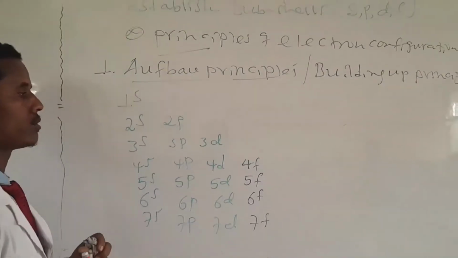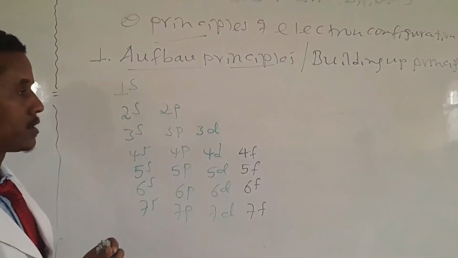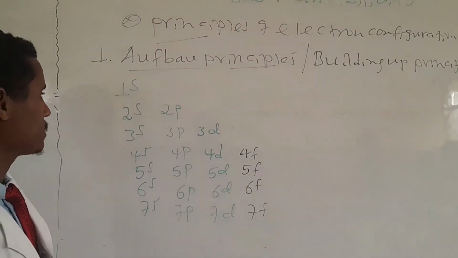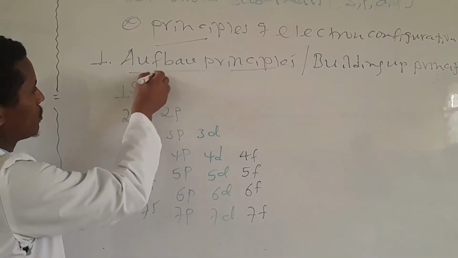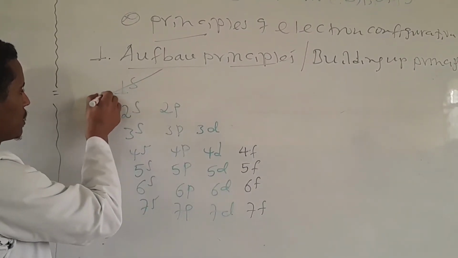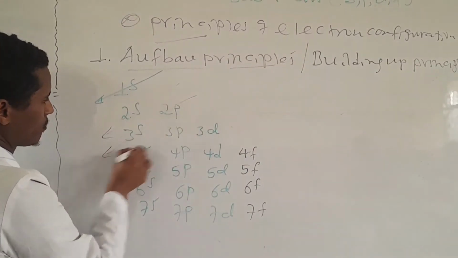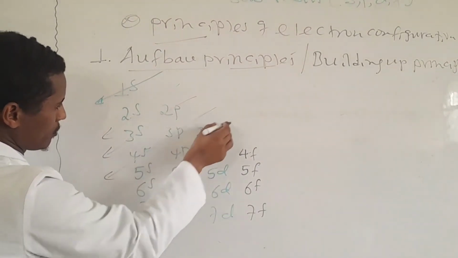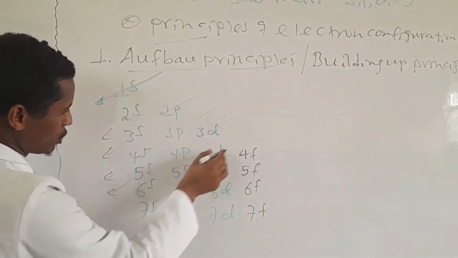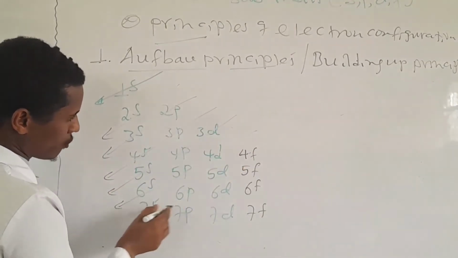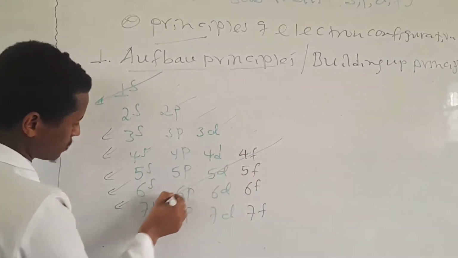So in order to get the arrangement of this filling of orbitals, you can show it by using arrows. You can draw like this in order to get the order of filling electrons.